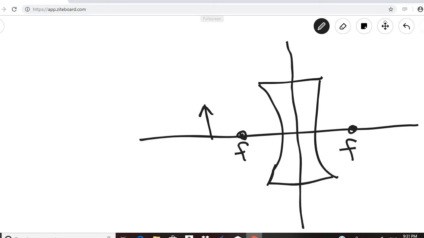Okay, so the same two rules. If it goes in horizontally, it will exit through the focal point. And if it goes in through the focal point, it will exit horizontally. Okay, so now these are a little more tricky, so follow me.